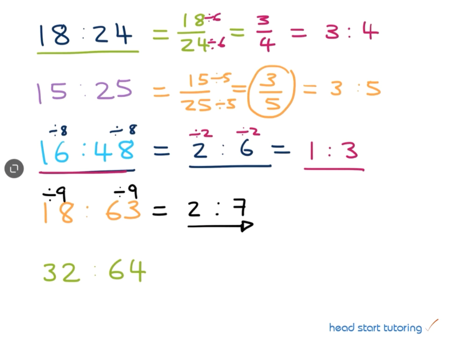So 18 to 63 as a simplified ratio is 2 to 7. 32 to 64 is quite a nice one, because we know that 32 is half of 64. So we just divide them both by 32, and we end up with a simplified ratio of 1 to 2 for this ratio 32 to 64.